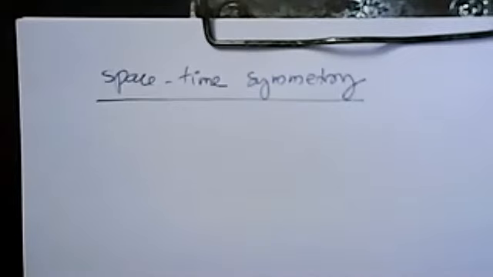We said that the translation symmetry is due to the fact that space is homogeneous and time is also homogeneous. Space and time are homogeneous.